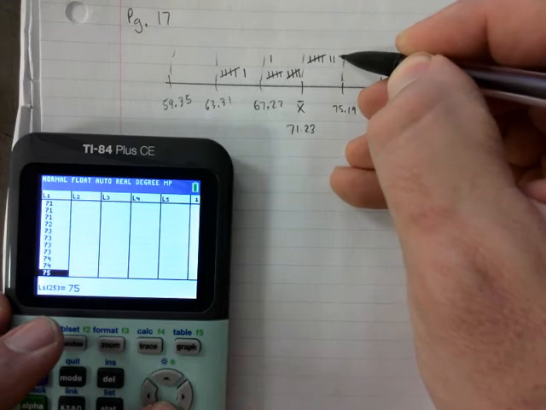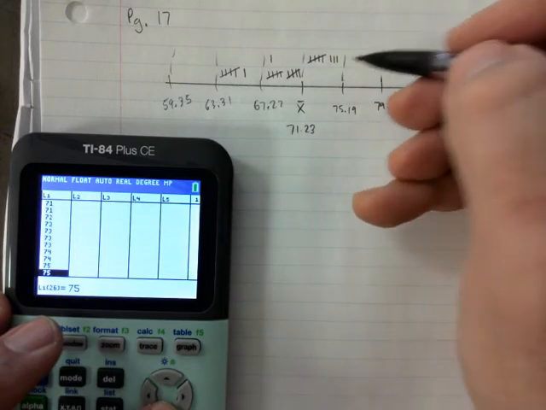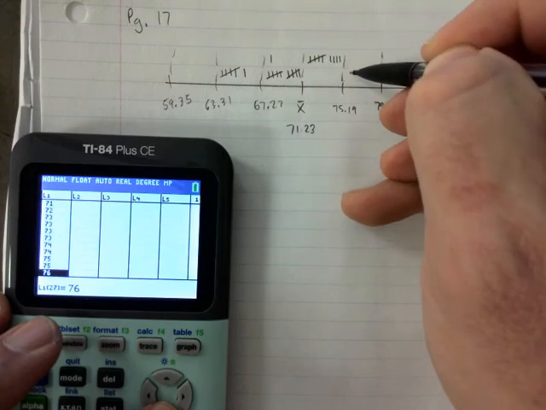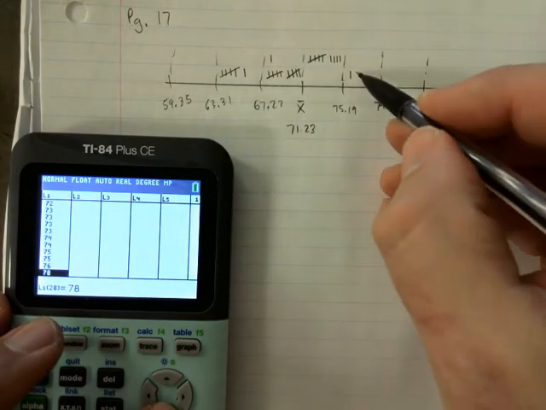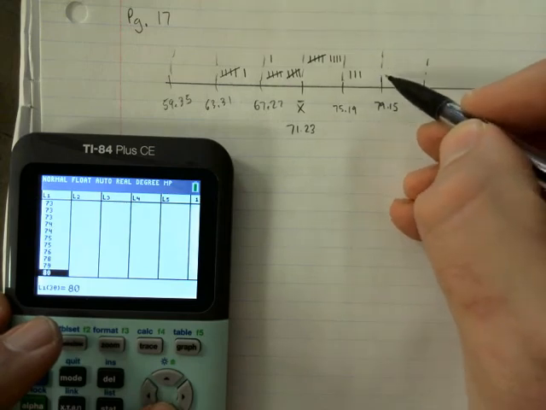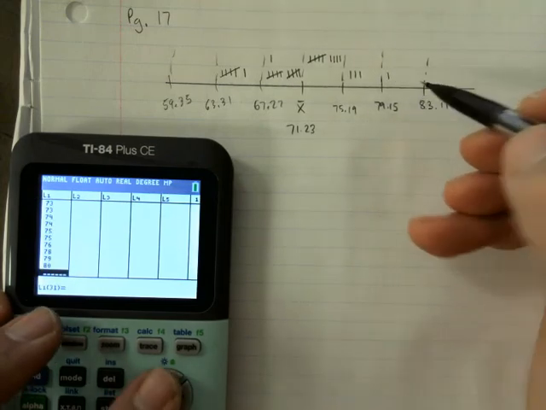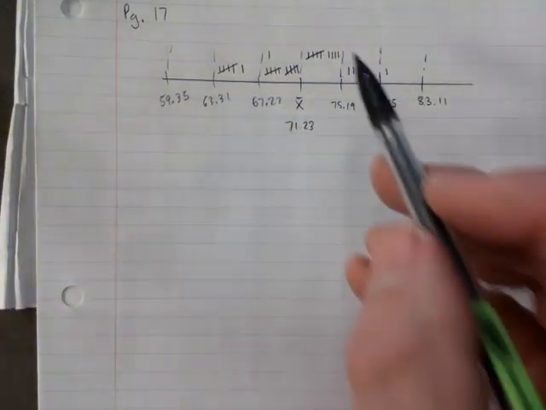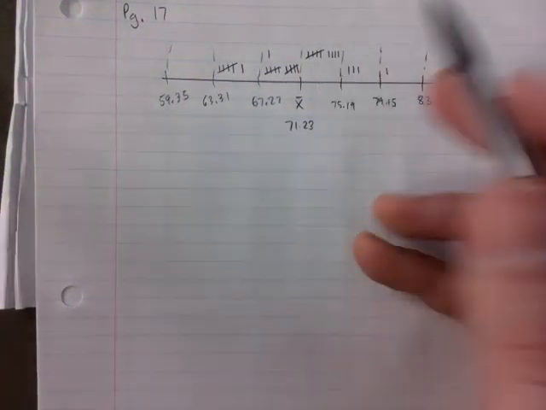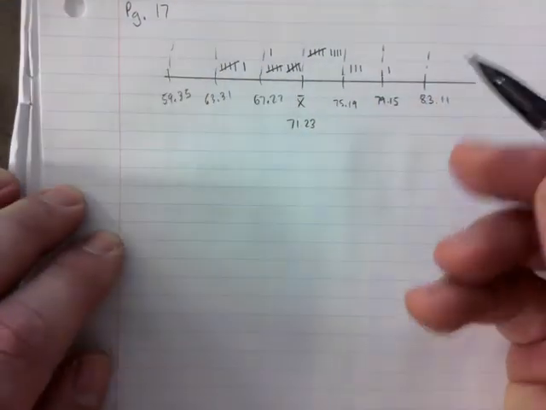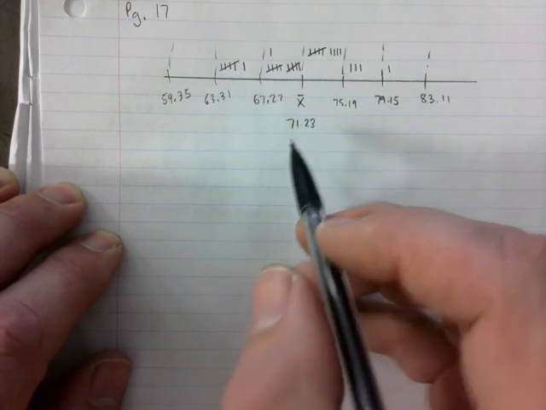Another 75. I'm still there. 76. Now I'm jumping. 78. 79. 80. I'm jumping. And that's it. Don't ask me why I went a little higher here. As long as you get the numbers in the right slots, you're good, right?